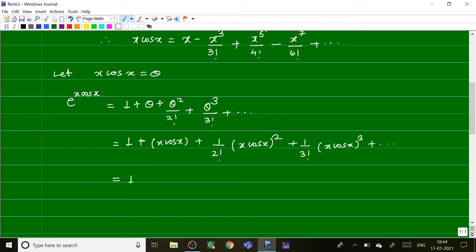Now look at this x cos x. What is x cos x? x cos x is x minus x cube by 2 factorial plus x to the 5 by 4 factorial minus x to the 7 by 6 factorial, plus and so on.